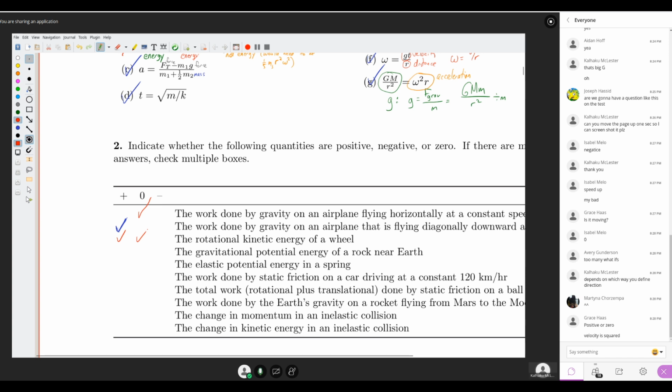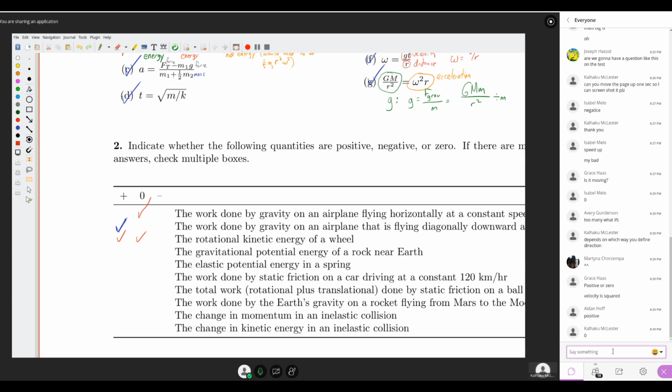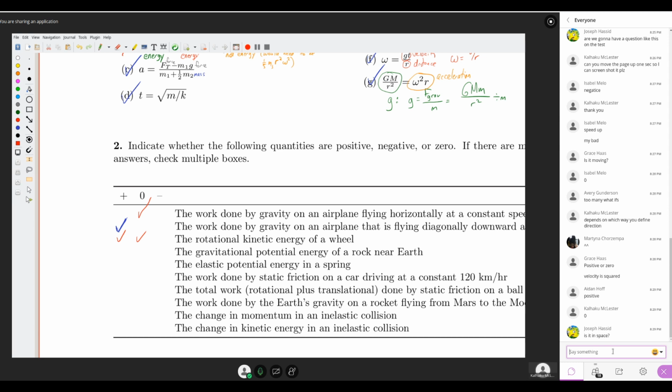Okay, tell me about the gravitational potential energy of a rock near Earth. Okay, Aiden says it's positive. Kalhaku says it could be 0. Could it be negative? No, it's a rock just like around here somewhere.